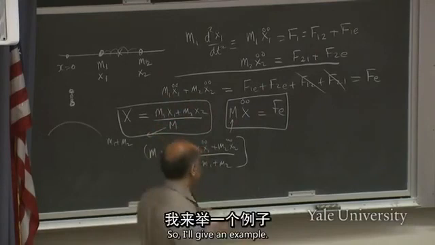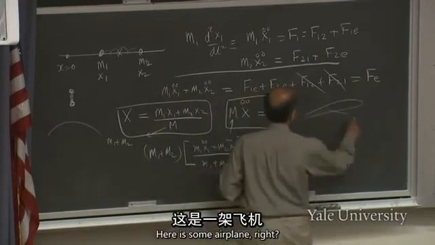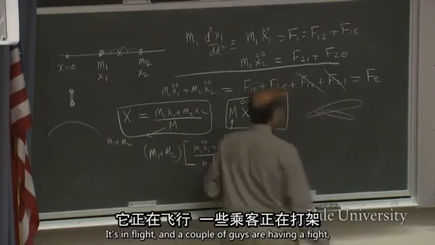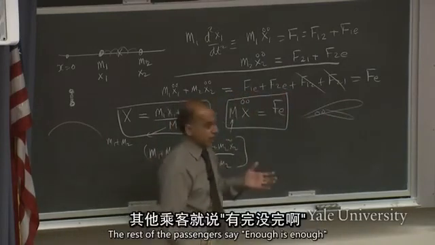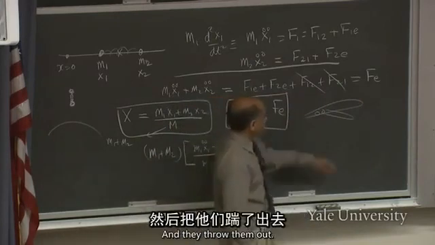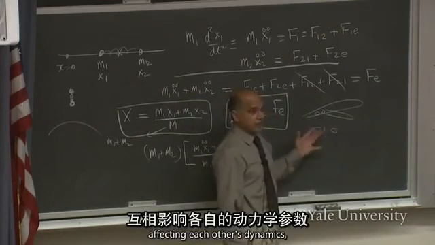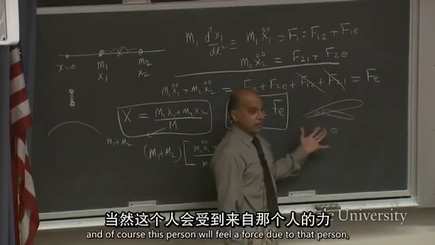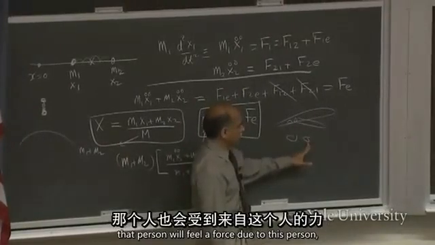So I'll give you an example. Here is some airplane, right? It's in flight, and a couple of guys are having a fight, punching each other and so on. The rest of the passengers say, enough is enough, and they throw them out. So they're just floating around, affecting each other's dynamics. And of course, this person will feel a force due to that person, and that person will feel a force due to this person.